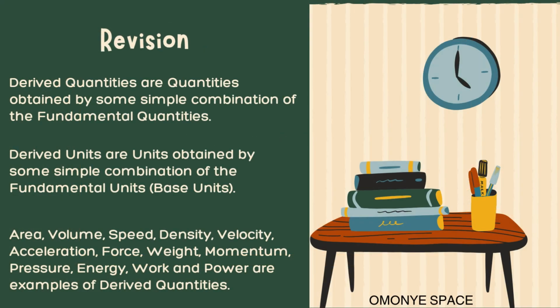Let's quickly look at our revision. That is what we did from our previous lesson. We looked at derived quantities and said that derived quantities are quantities obtained by some simple combination of the fundamental quantities. We also looked at derived units, and we said derived units are units obtained by some simple combination of the fundamental units, that is the base units.